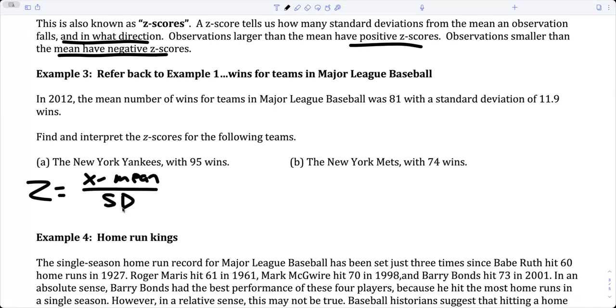So the Yankees had 95 wins. The mean was 81. So they are above the mean. They have to have a positive z-score. And standard deviation was 11.9. Okay, so put that into your calculator. We have 95 minus 81. And then we divide that by 11.9. And someone help me out.